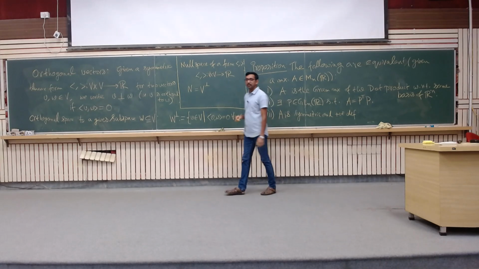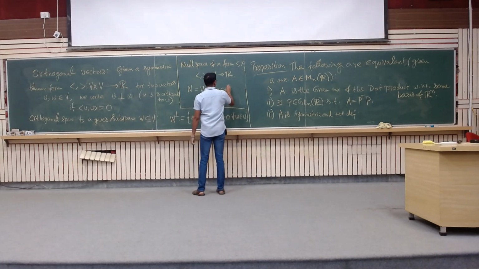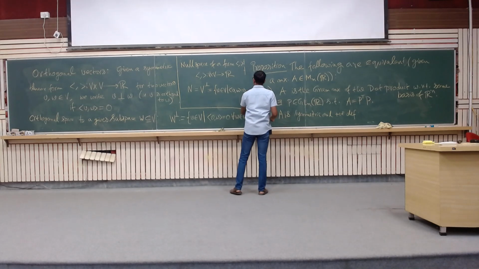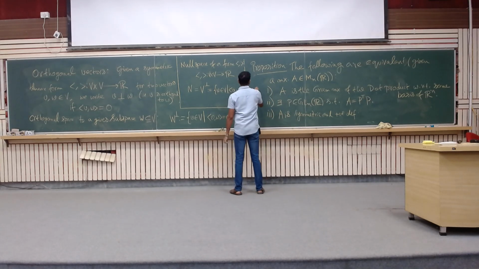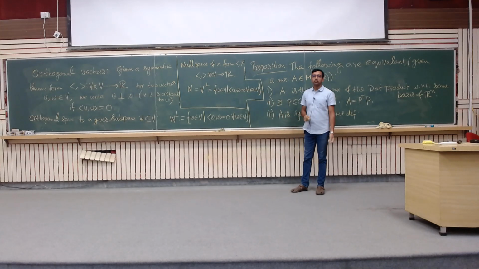That is, V in V such that ⟨V, W⟩ is equal to 0 for all W in V. Why we are calling it the null space will soon be clear.